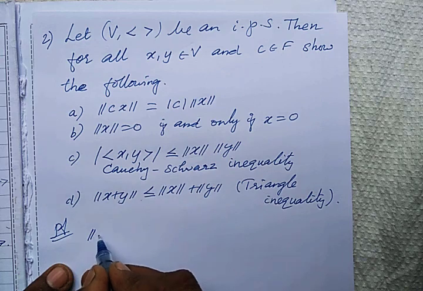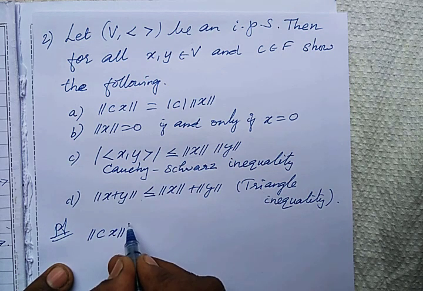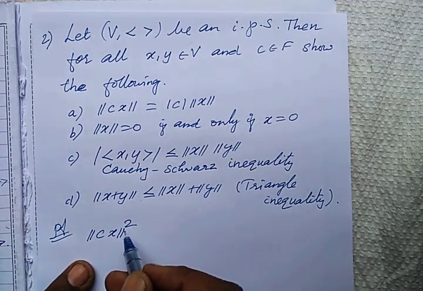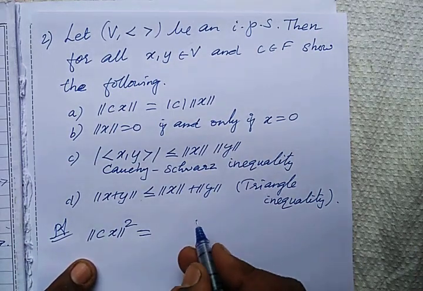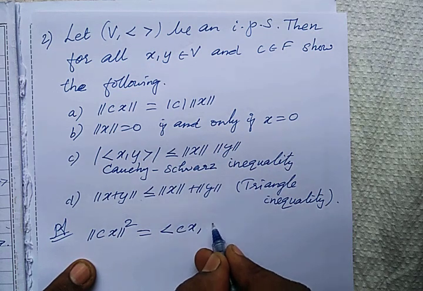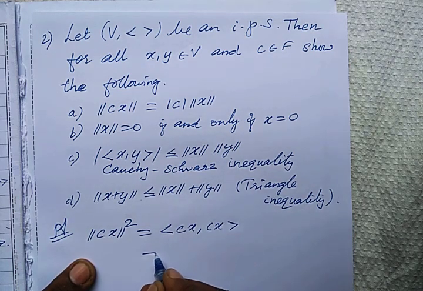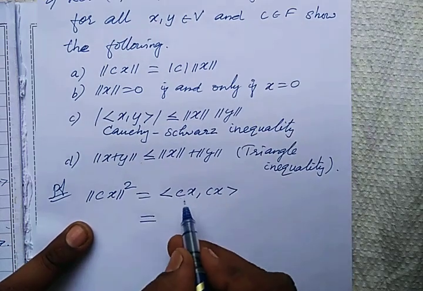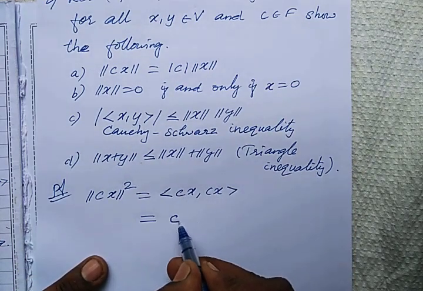First one, norm of cx. Take the norm of cx square, so that the square root will go away. So we get inner product of cx comma cx. Instead of the square root, we have put square. So this c can be taken outside as it is.